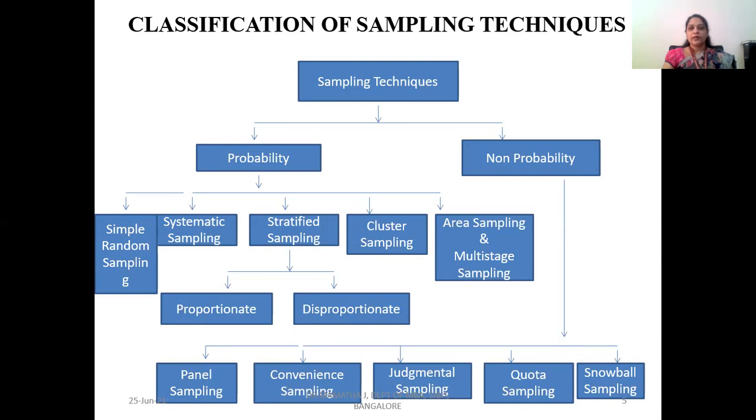Under stratified, again, you have two types, proportionate and disproportionate sampling. In non-probability sampling, you have panel sampling, convenience sampling, judgmental sampling, snowball sampling, and quota sampling. All these methods we are going to discuss.